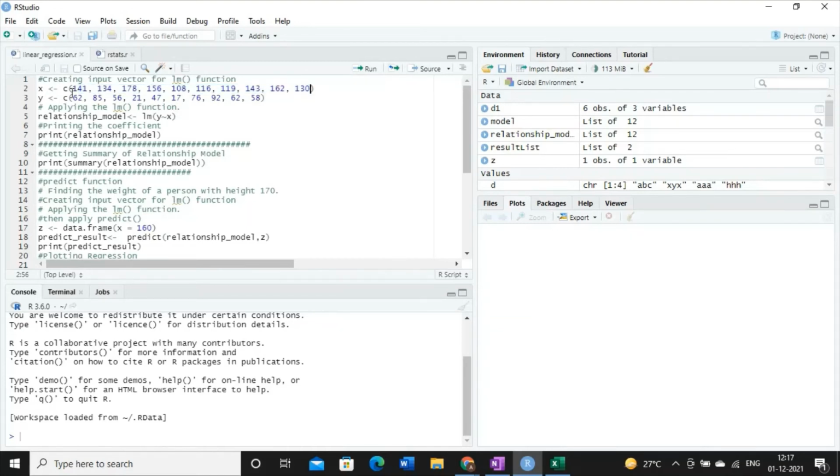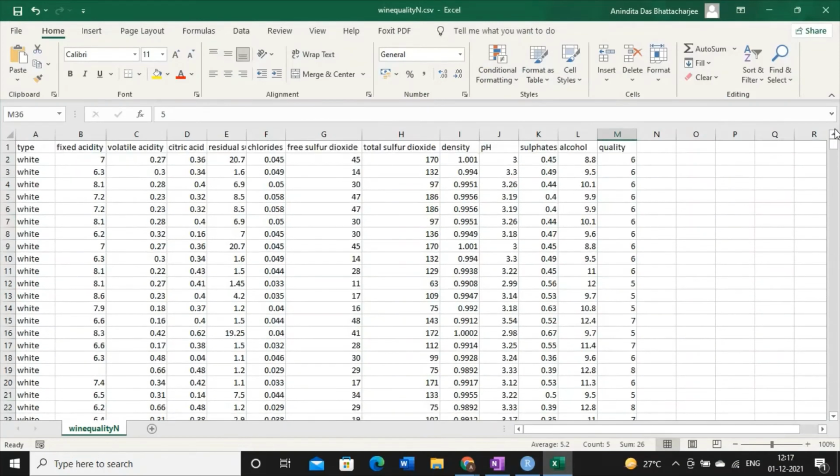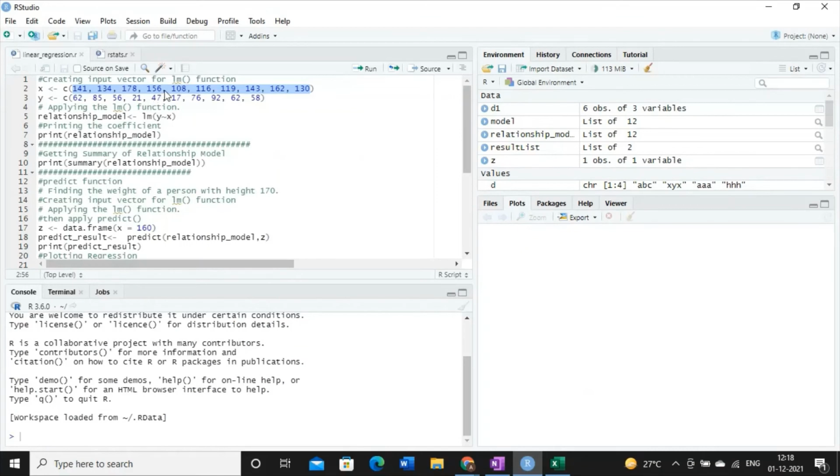Whenever I give the value of x like this, it means in the dataset, x is a feature. So I'm talking about one feature, say fixed acidity, which is x. Whatever values I take using the combine function are considered column wise. So this represents one input column. And similarly, y is the output that we are expecting, and it also depicts a column like this.